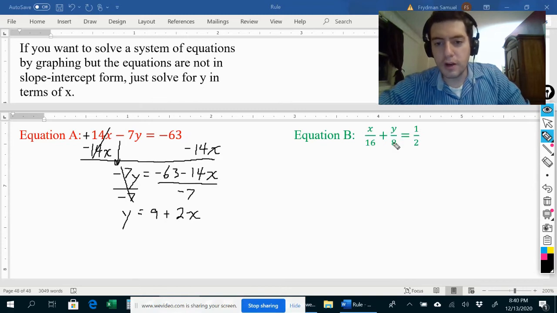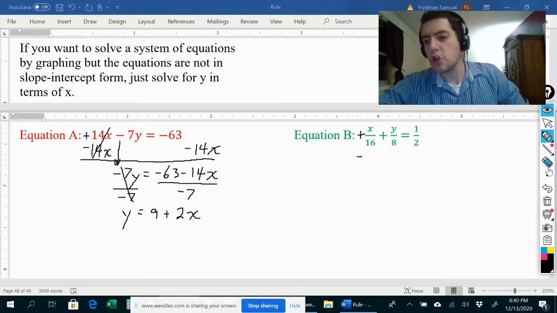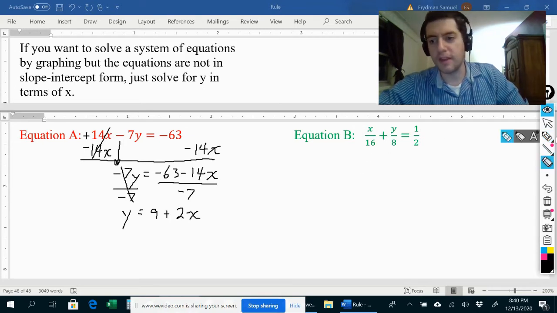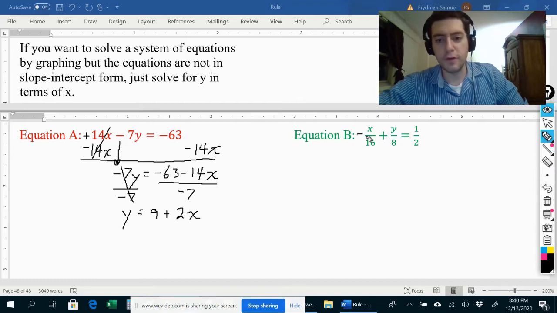So over here, let's get this term which has x in it to the other side. Again, I could put a plus sign in here, and then the inverse would be subtraction. So be careful, it's not always going to be like that. For example, if this had been a negative over here, then I would have done addition on both sides, and would have added x over 16 to both sides.